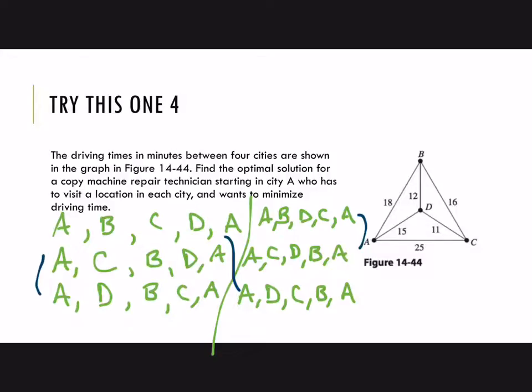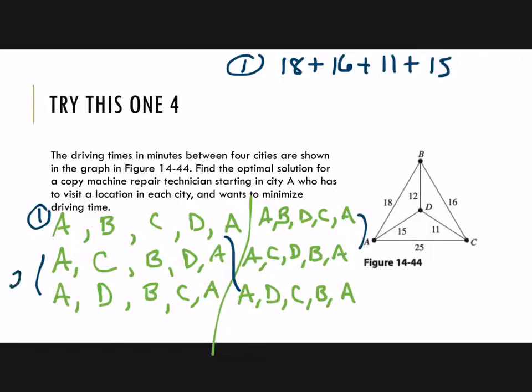For this first one, call this number 1, I have edge AB, which is 18, BC, which is 16, CD, which is 11, and DA, which is 15.